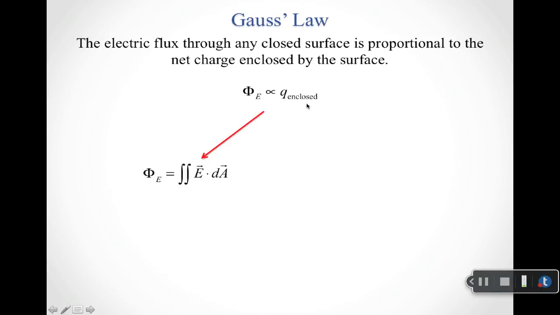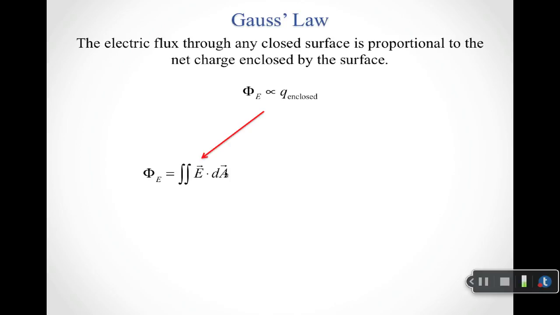And so what that tells us is, well, now we have two ways to calculate the electric flux. One is we can do this double integral over all of our little area elements of E dot dA.